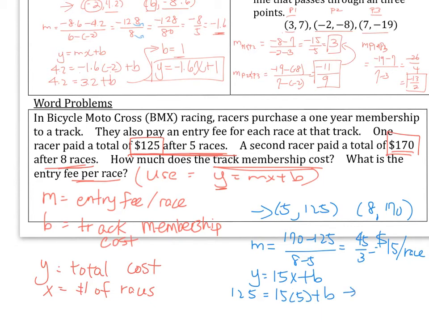And to solve for b, I would take 125 and subtract 75, and that would be 50. So b is the track membership cost. So $50 will be your track membership cost.